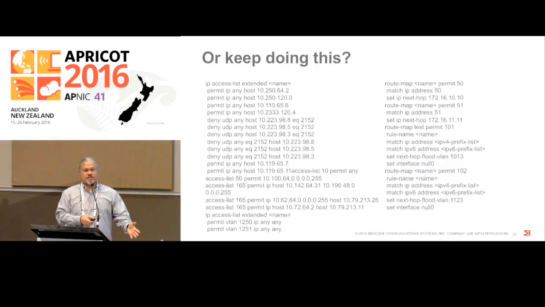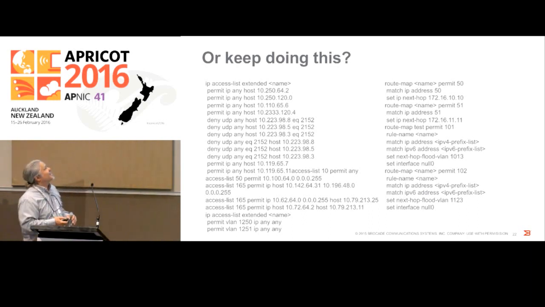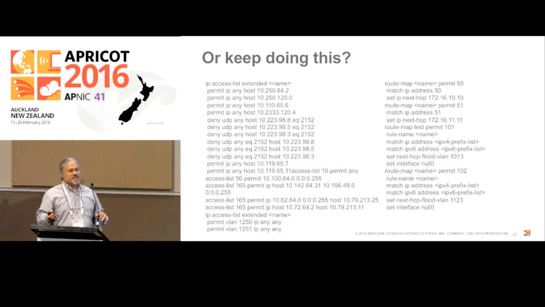Or you can keep doing this. So we see some redirect actions here, some PBR rules, and I'm sure everyone loves ACLs. Interesting enough, I was at a conference, I don't know, a year or so ago. There was a large financial company, like B of A large. He said they had 10,000 ACLs deployed in their network. 10,000.